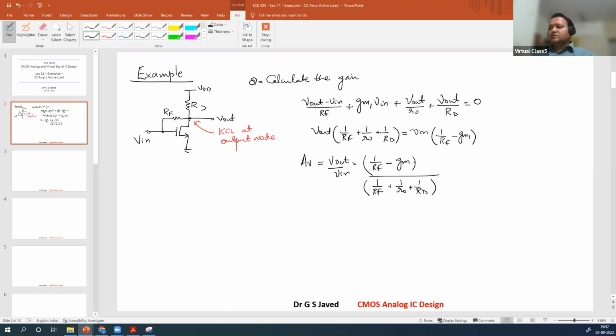Now, if you bring it into the factor of minus gmR0, bring this minus sign outside, it will be minus gm minus 1 over RF times 1 over RF plus 1 over R0 plus 1 over RD. What does this mean? 1 over Reffective. So these 3 resistances are in parallel. So gm has a factor of minus RF because of this feedback.